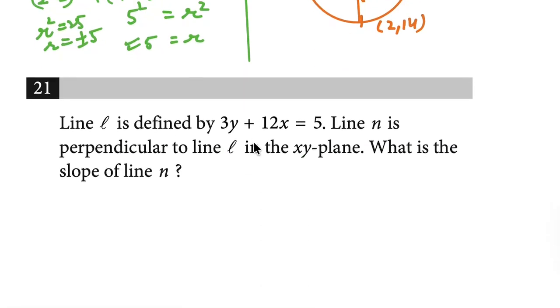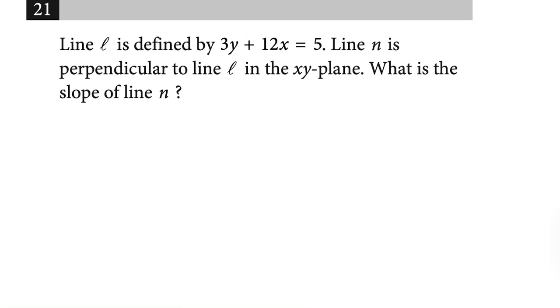Question number 21. The line L is defined by 3y plus 12x is equal to 5. Line N is perpendicular to line L in the xy plane. What is the slope of N? Okay, the concept used here is that when two lines are perpendicular, the product of their slopes is -1.